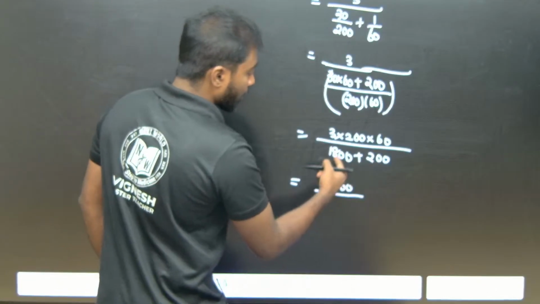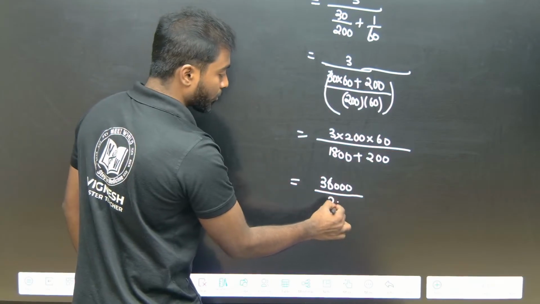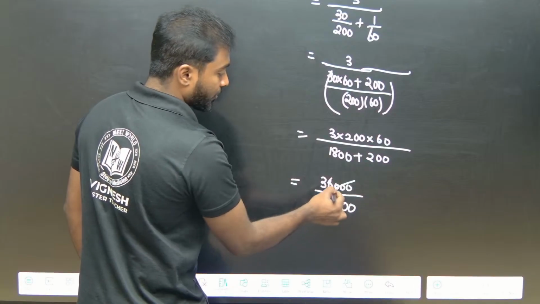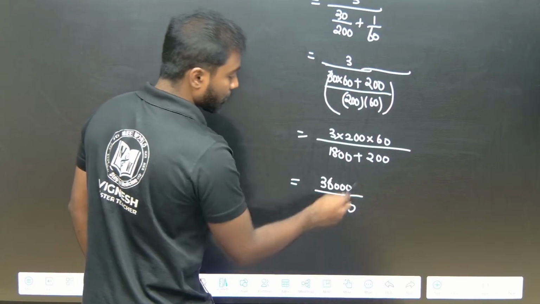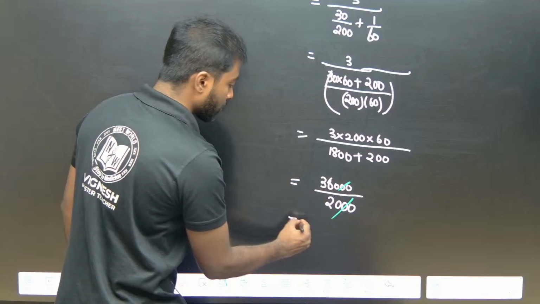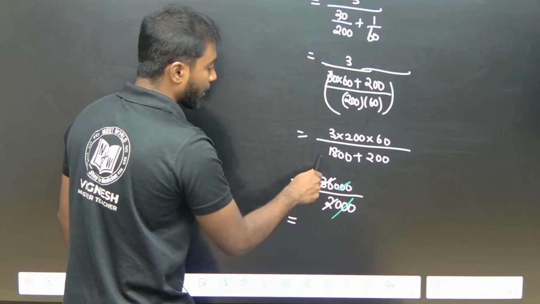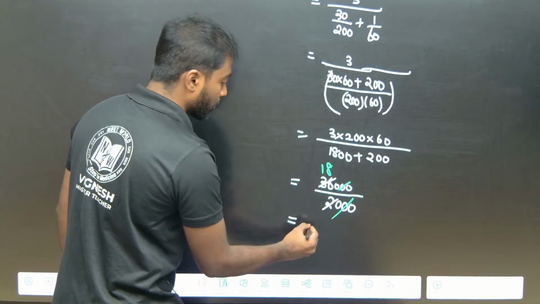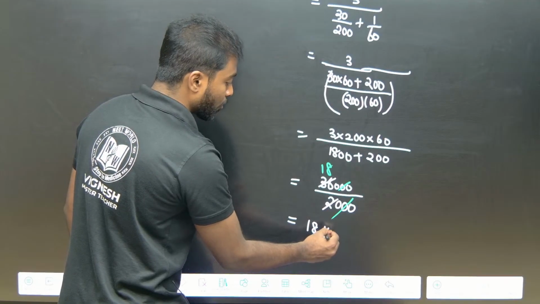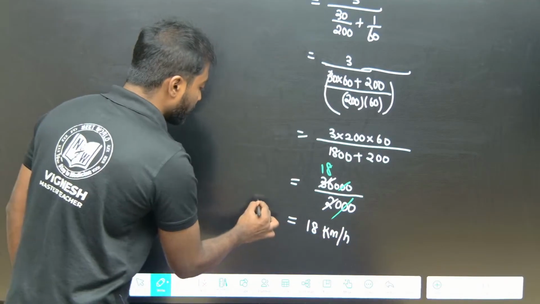The 3 zeros cancelled out. So this is 1 times and this is 18 times. So it is 18 kilometer per hour, which is the V average.